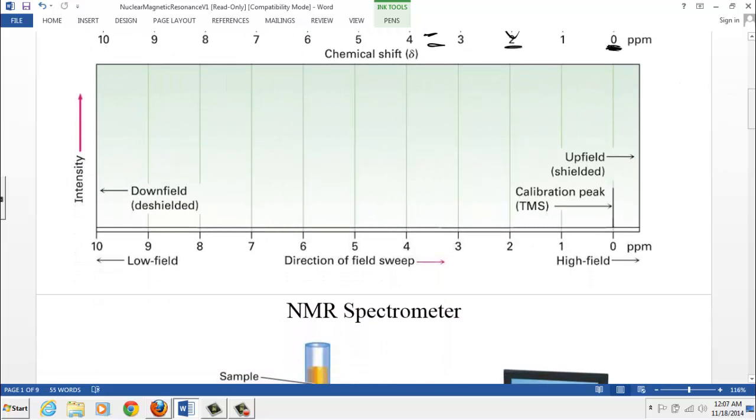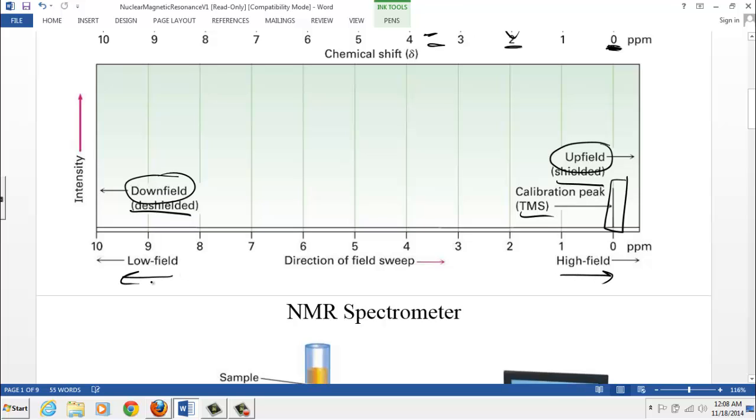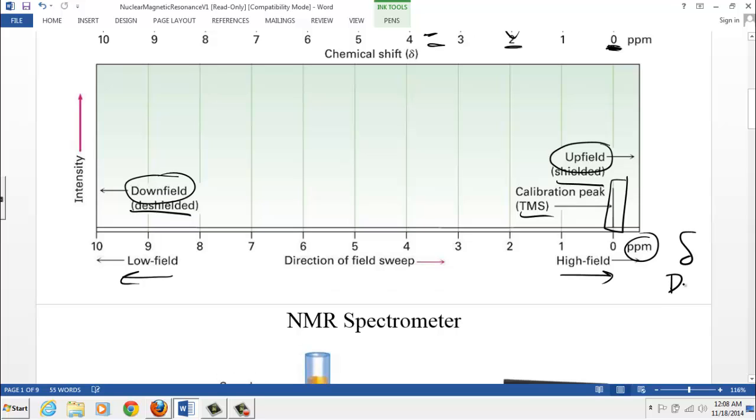Okay, here's some terms you should be familiar with. I already mentioned upfield and downfield, and again deshielding and shielding. We always have our calibration peak with TMS, and sometimes you hear the term high field and low field. ppm sometimes is written as a delta, but what that, sorry, writing off the page there, delta, your book defines that, and it's basically just a scale.